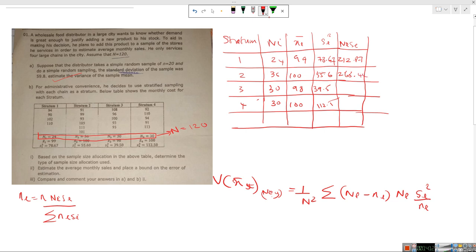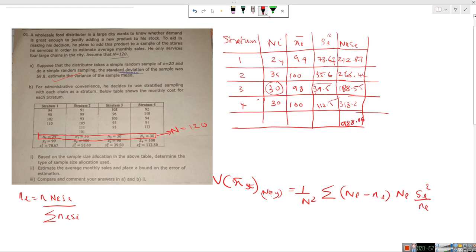Again 30 into square root of this, and here also 24 into square root of this, so it gives me 188.55. And here 30 into square root of this 112.5 gives me 318.2. So I need the summation of these values. So it is like 988.06.